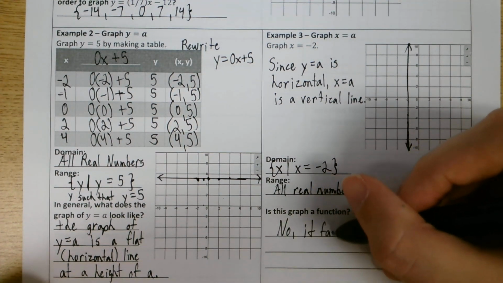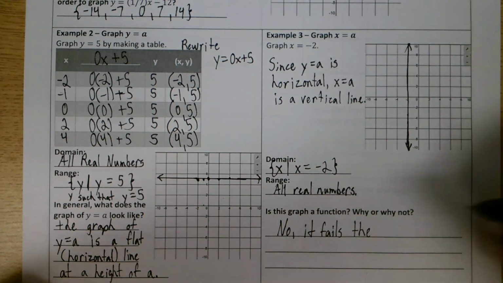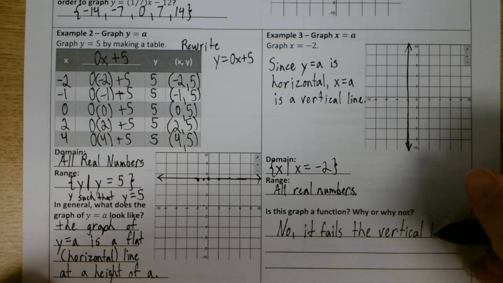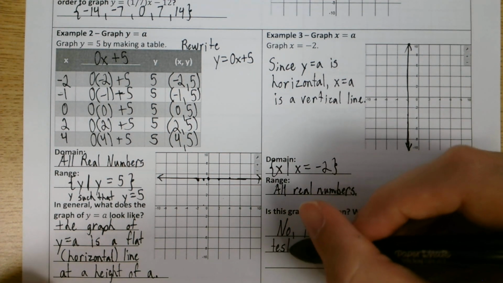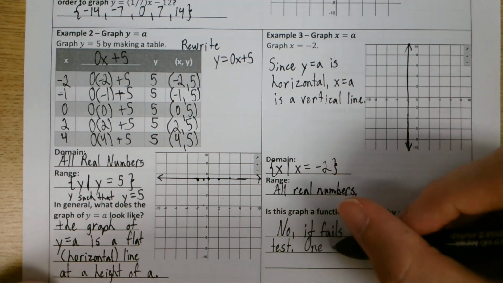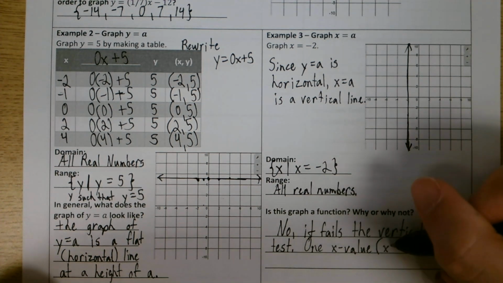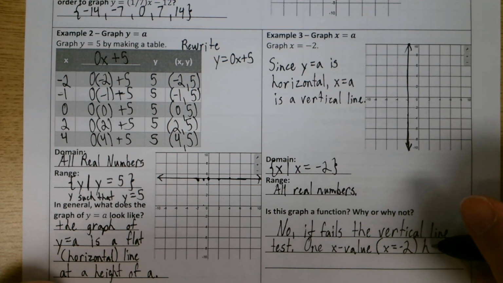It fails the vertical line test. We could say that one x value, x equals negative 2, has multiple y values.